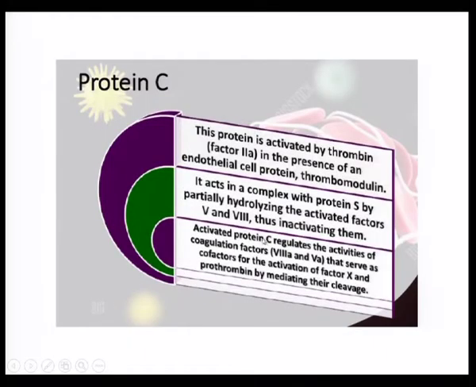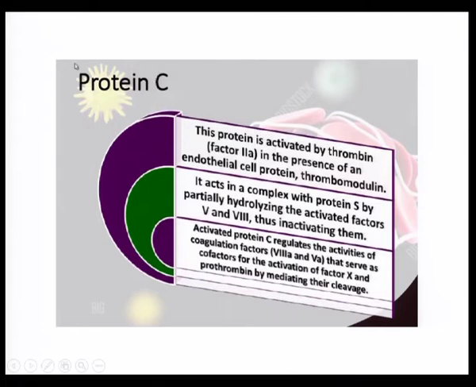The activated protein C regulates the activities of 8A and 5A, which serve as cofactors for the activation of factor 10. In any one stage, if these proteins are not blocked or not getting activated, or do not move into the matured structural version as they used to be, then you end up in trouble.